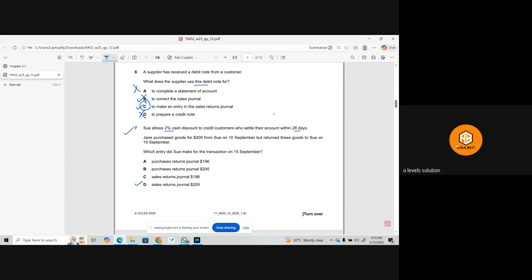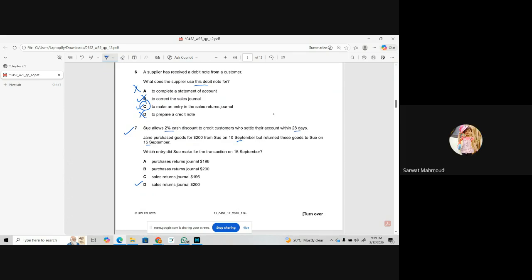So that's what I'm saying, she purchased this on 10th September and she returned those goods on 15th September. She did not pay anything, because this discount is allowed for the payment time.